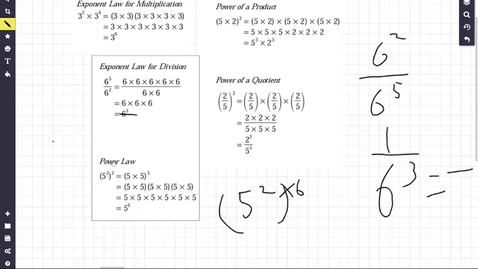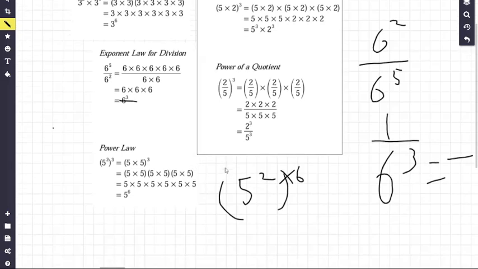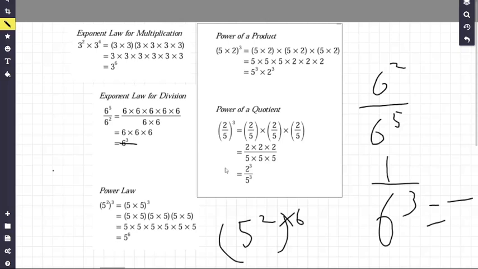We can calculate that: 5 squared is 25, and 25 to the power of 3 is, I believe, 15,625 or something similar. So pretty easy.